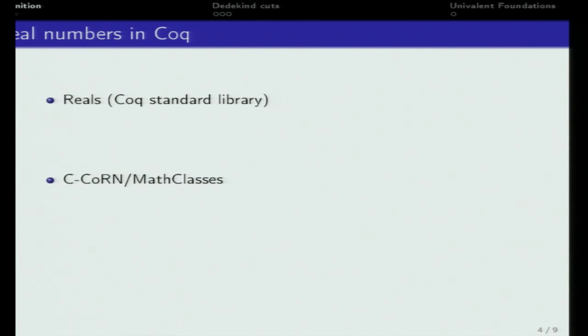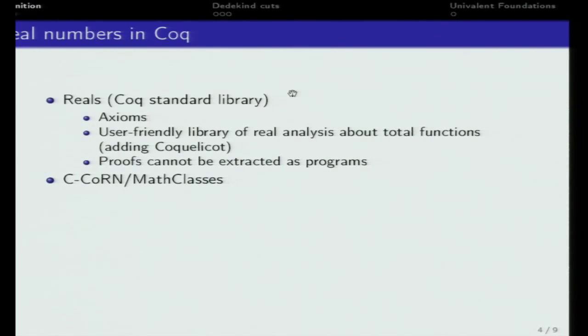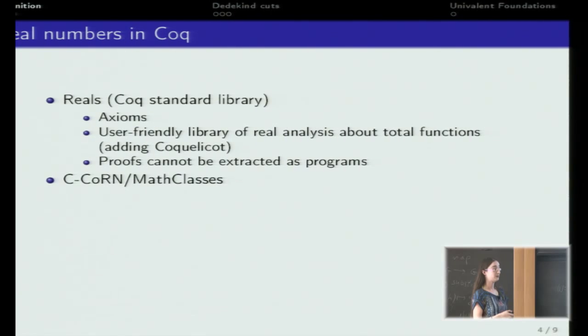have various properties. For the library from the standard library, which is named Reals, as I said, there are axioms. Adding the library I built during my PhD, the library Coquelicot, we have a user-friendly library for analysis for total functions, but all the axioms can't be implemented.